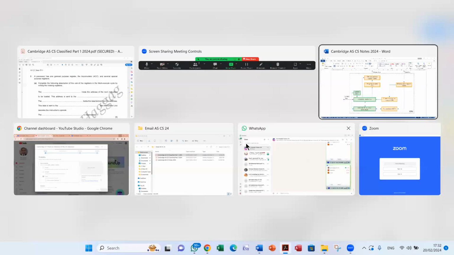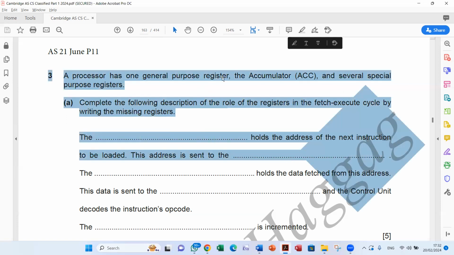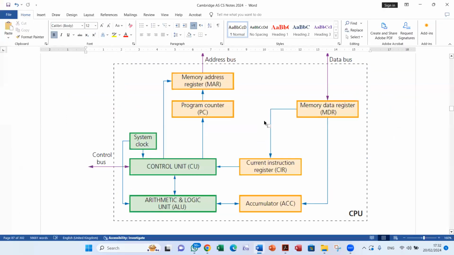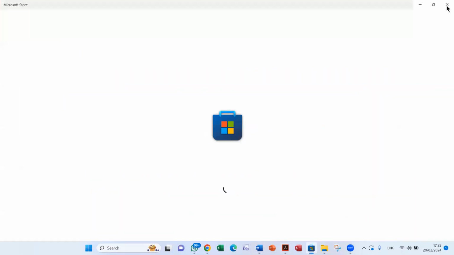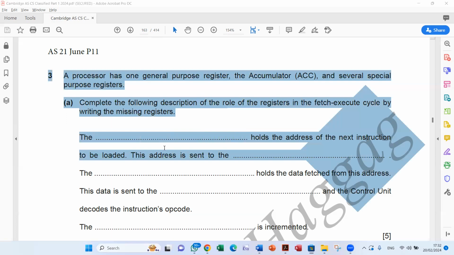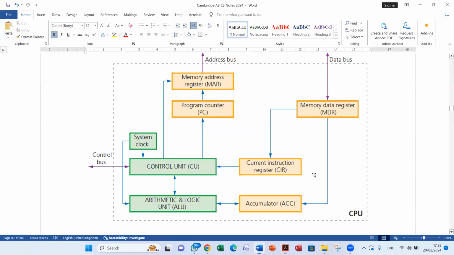So look here, the program counter holds the address of the next instruction to be loaded. The address is sent to the memory address register MAR. The what holds the data fetched?